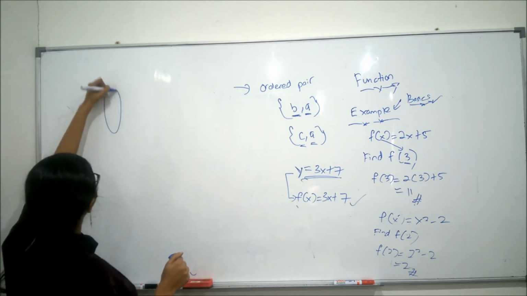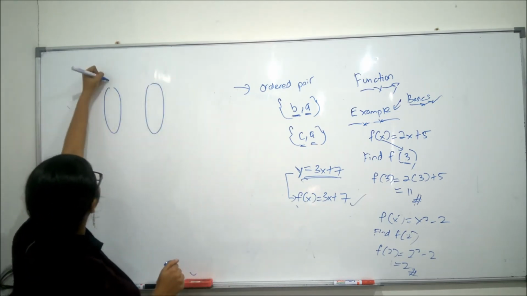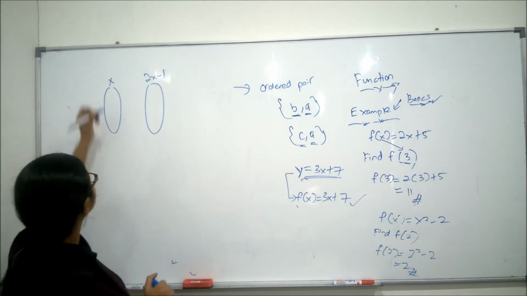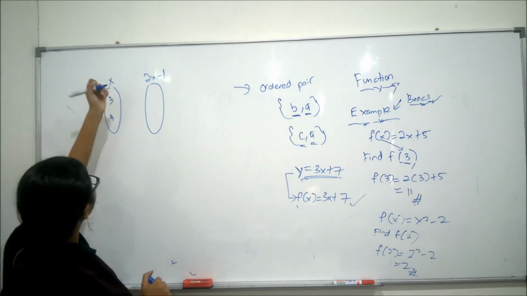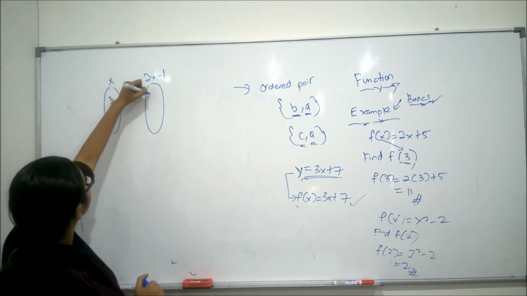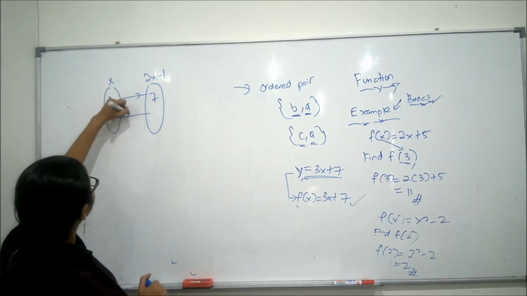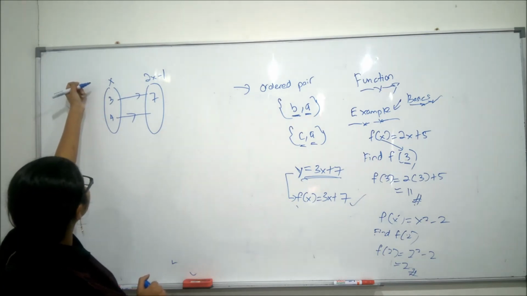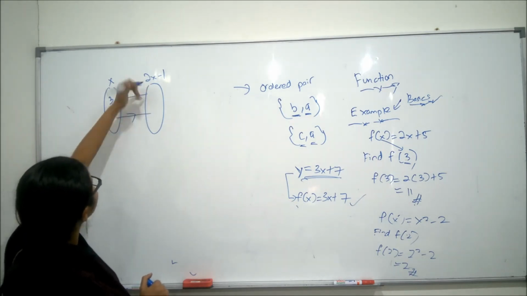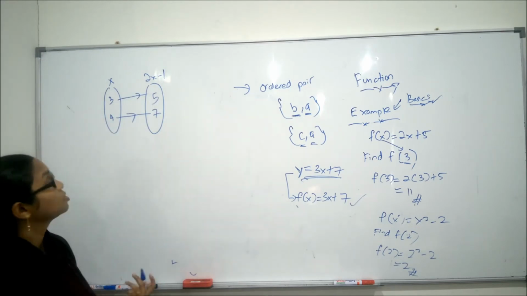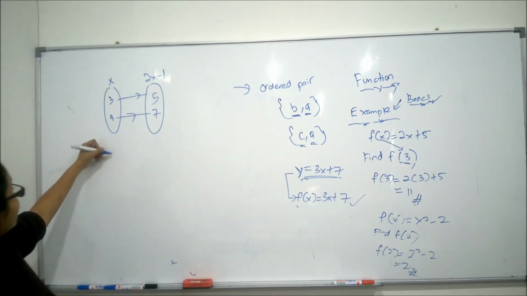This is x and your 2x minus 1: 3, 4. 2 times 4, 8. 2 times 3, 6 minus 1 is 5. And 8 minus 1 is 7. So this is how you denote a function.